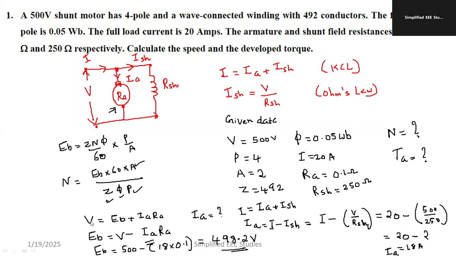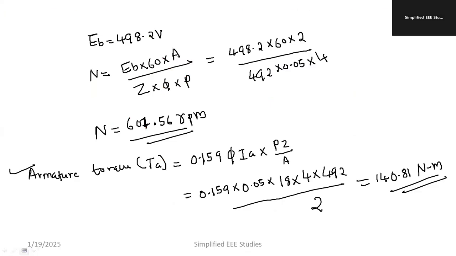Also, the terminal voltage is the sum of EB plus IA into RA, which is obtained according to KVL, Kirchhoff's voltage law. Please make a note of this. Later we discussed how to calculate the armature torque. This is how to solve the numerical example.